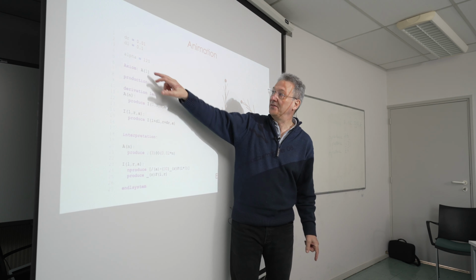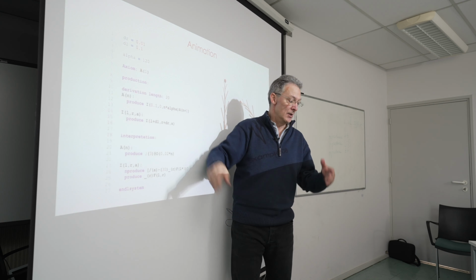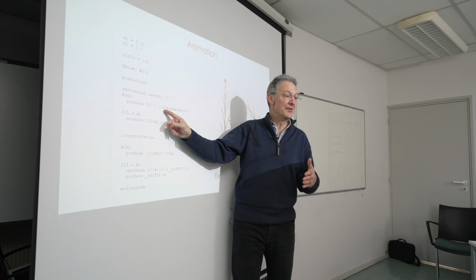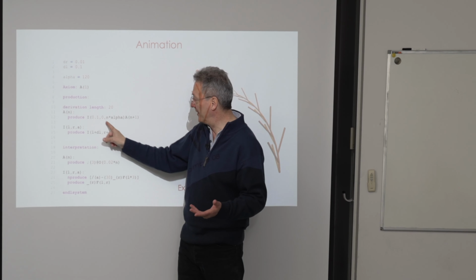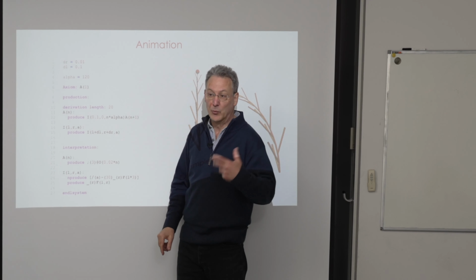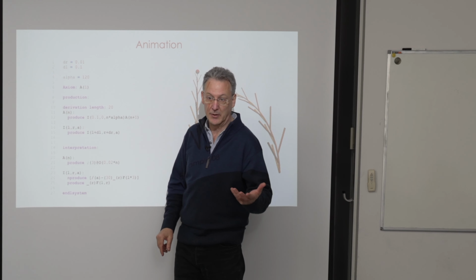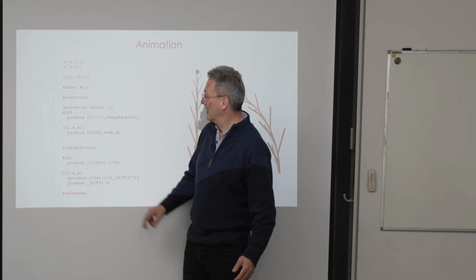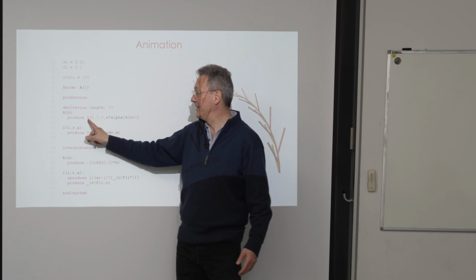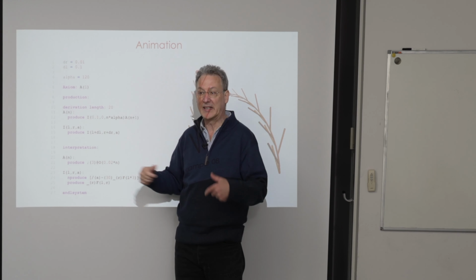So if this angle is 120 degrees, when n equals 0 or 1, it will be 120. When n equals 2, it will be 240, and so on. So in the beginning here, I need to initialize the values when I create the internode.